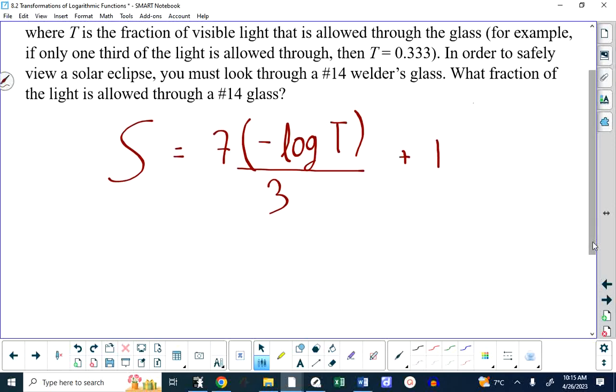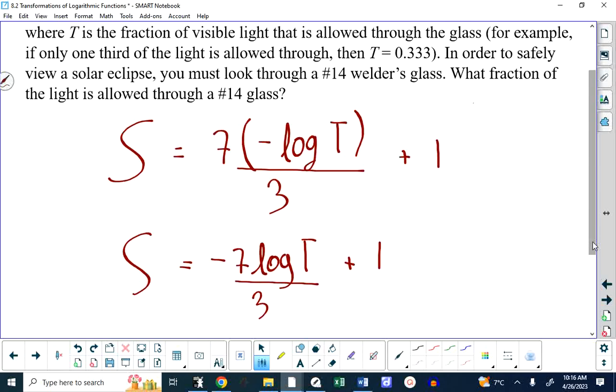There must be some physical reason. But 7 times negative 1 times the logarithm of t is negative 7 log t. Please make a note that this is a base 10 logarithm.